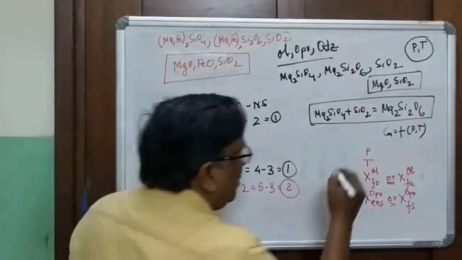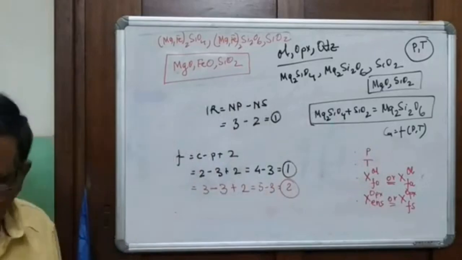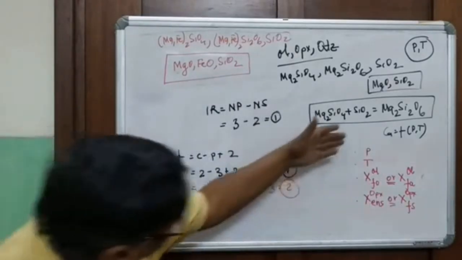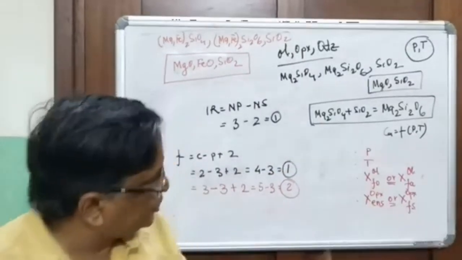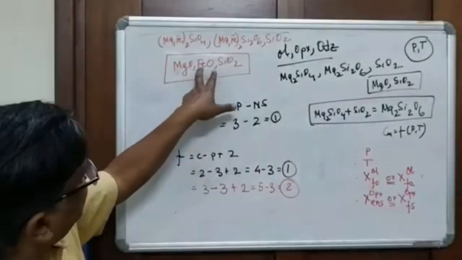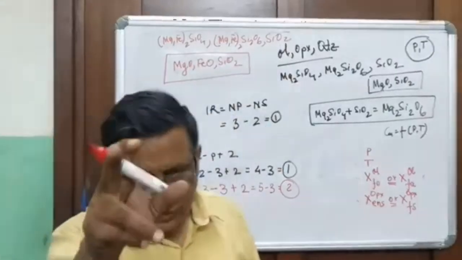So we have 1, 2, 3, 4 variables. We have 4 metamorphic variables. We don't have any fluids here. So there are 4 metamorphic variables in a 3-component system involving 3 phases, one of which is pure.